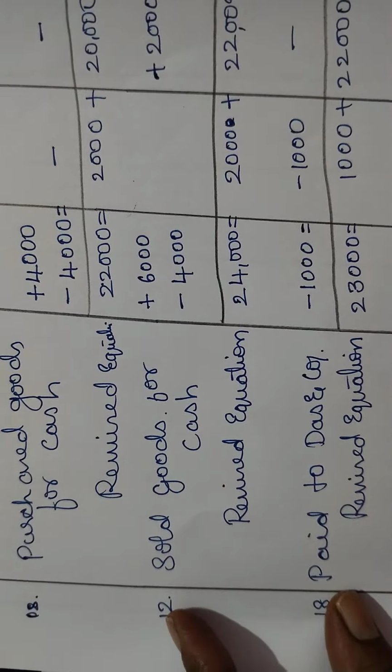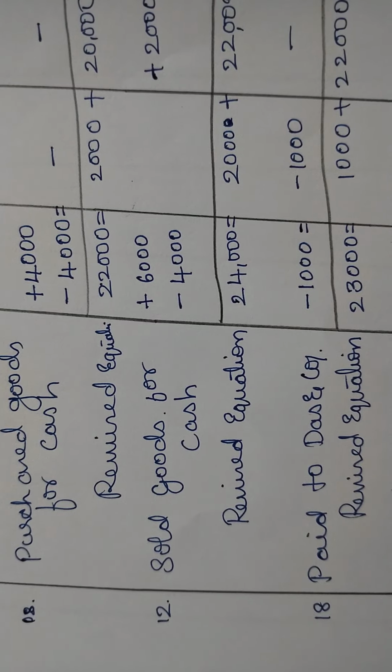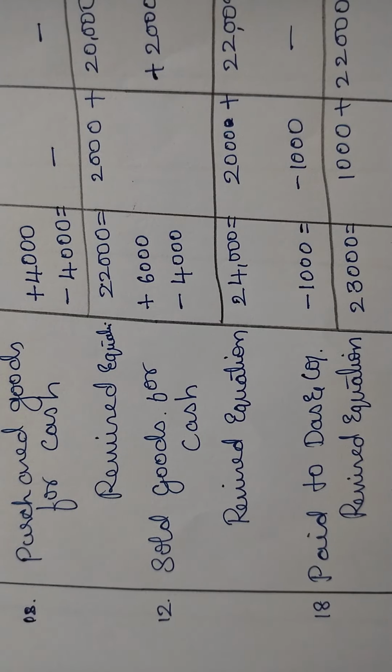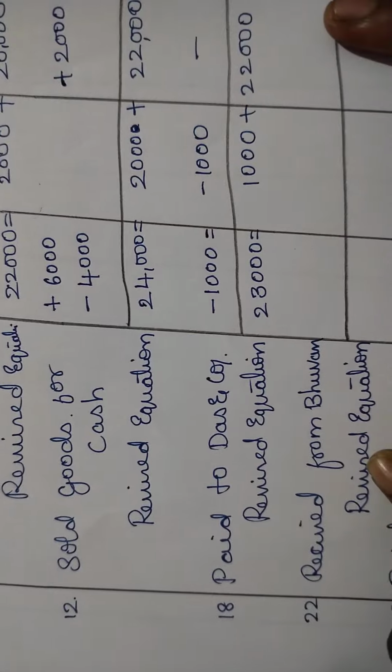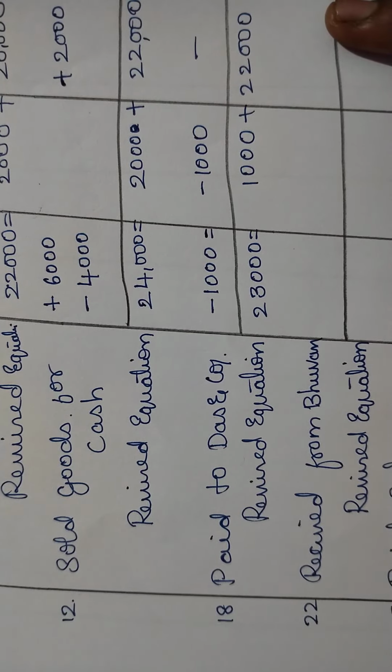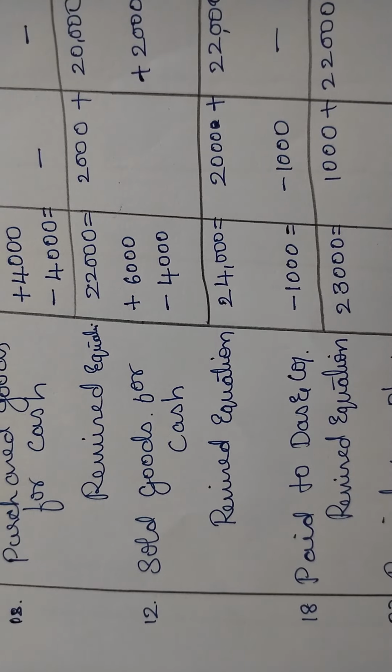So, received from Bhuvan. Bhuvan is your customer. He is your debtor. What was the amount we received from Bhuvan? We received from Bhuvan rupees 300.